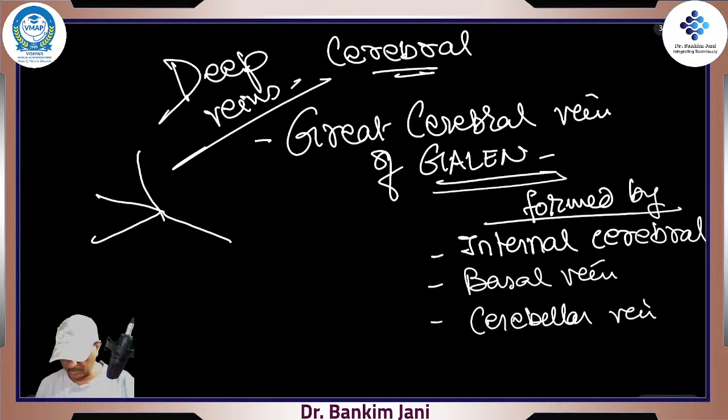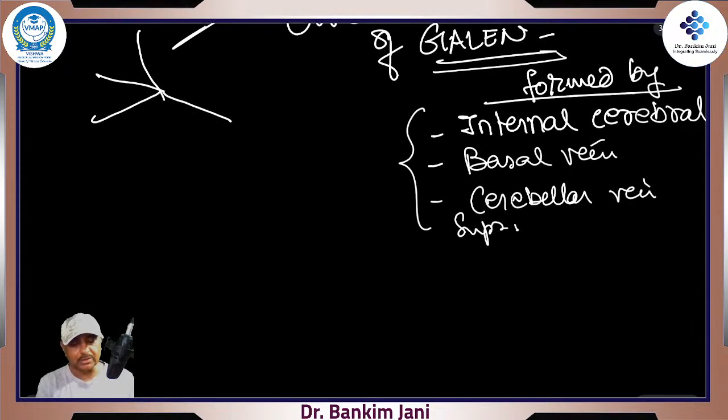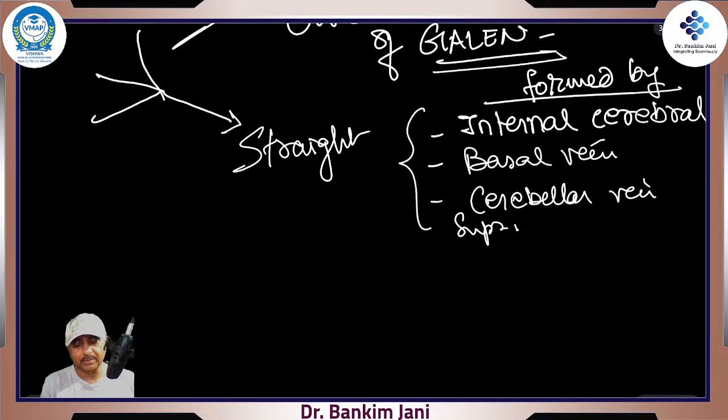So with this, that vein is formed, and this is just near the base of the third ventricle, and this vein will go straight away into, there was only one, and that is the straight sinus.